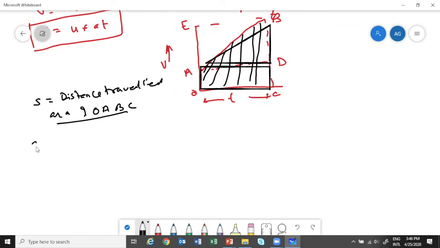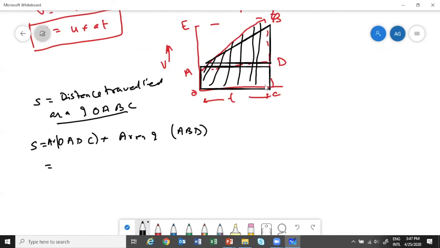So we can write it like this: area of rectangle OABC plus area of triangle ABD.